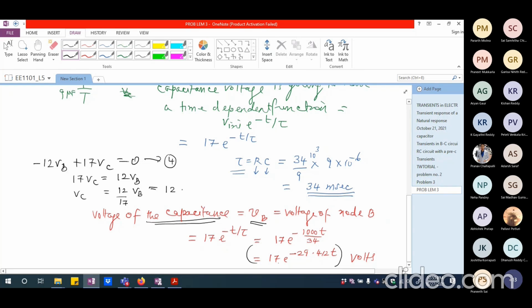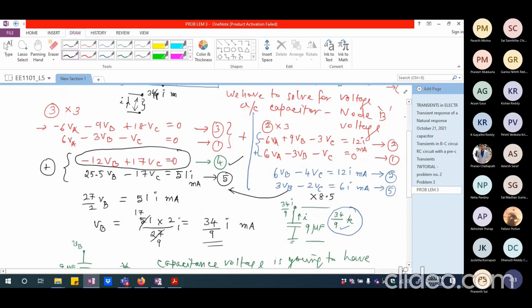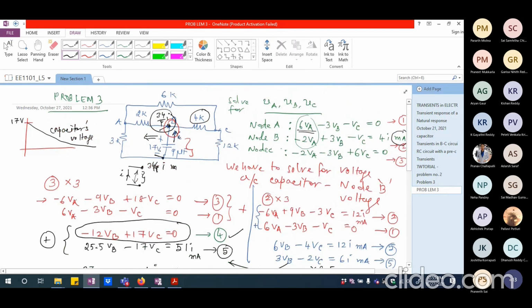So I should say 12 multiplied by e power minus 29.412 T. This is the voltage that is visualized as the voltage of node C. Here is node C. So node C voltage is given by 12 times e power minus 29 whatever times T.